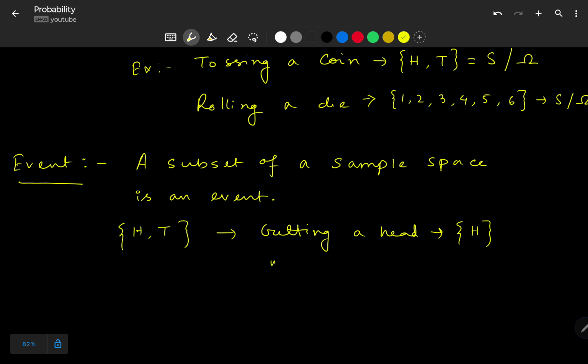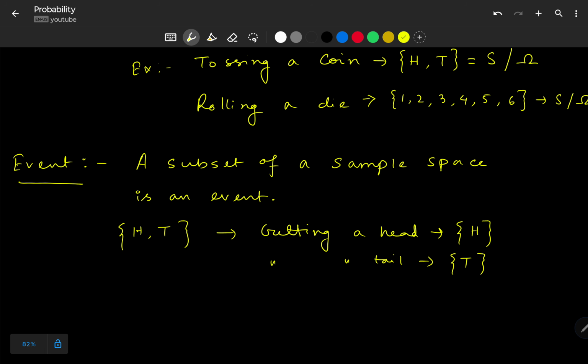If we write getting a tail, that means we will receive a tail only. Now, this head alone or this tail alone is a subset of this sample space. So, each of these subsets is known as an event.